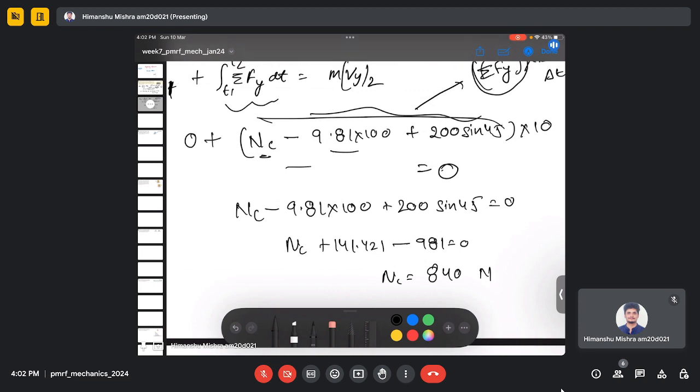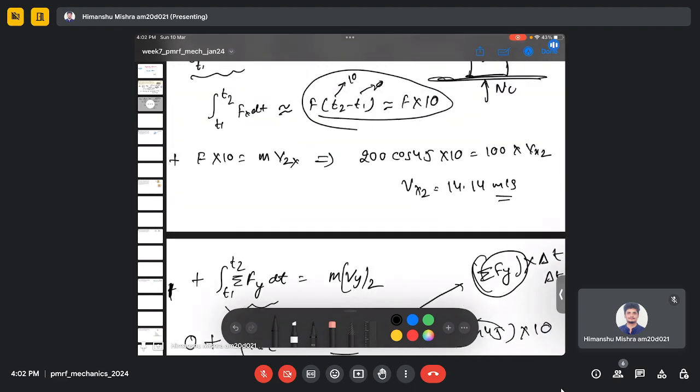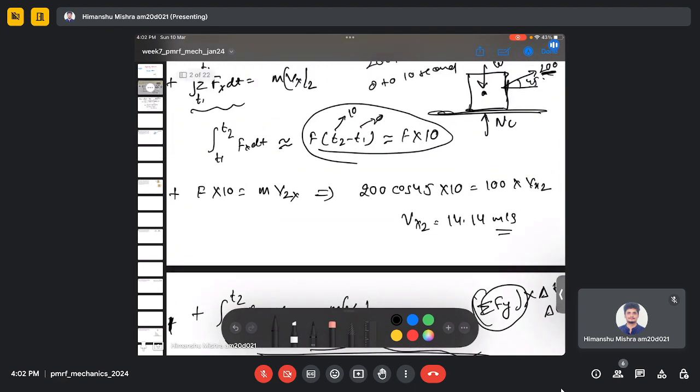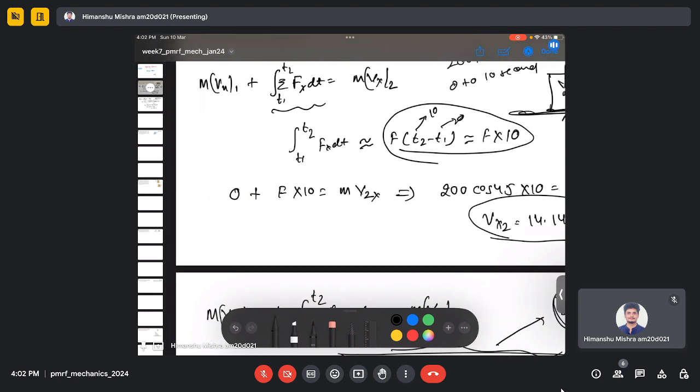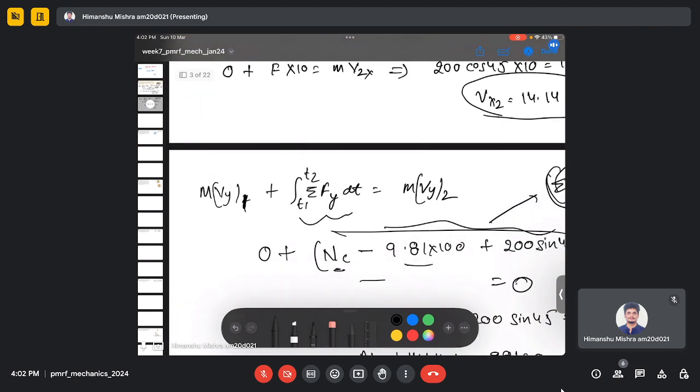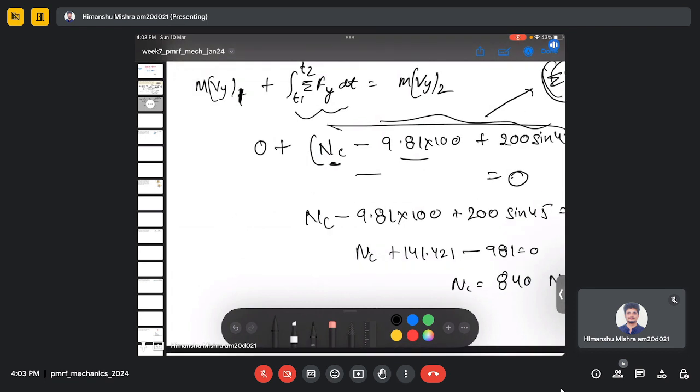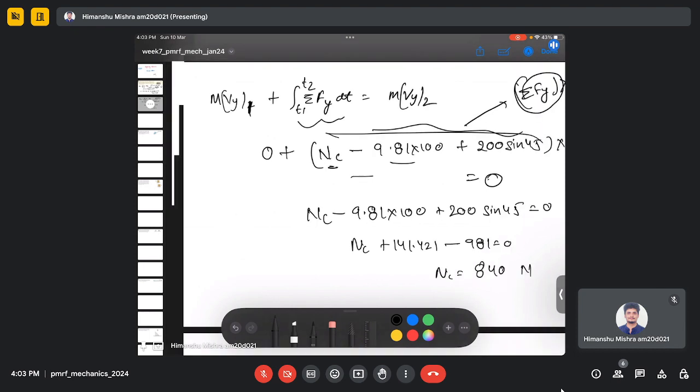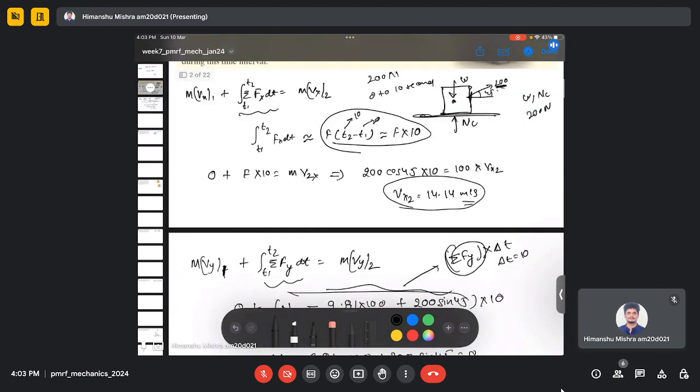Just to recap, we only used the conservation equation in both directions. In the horizontal direction, we got the final velocity. And when we used it in the vertical direction, we were able to figure out the normal component of force. So if you use these conservation equations in both directions, you can find either the force or the velocity.